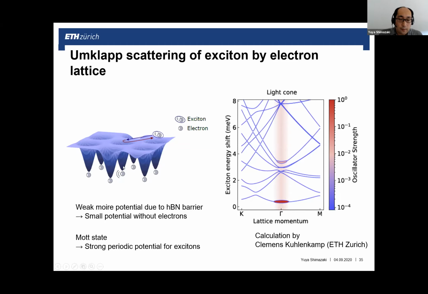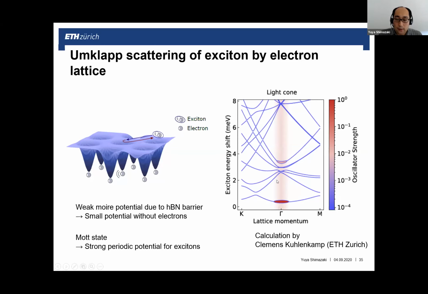If we have these electronic crystals, the excitonic band structure would look like this. This was calculated by Clemens in our group. This is the main exciton resonance, and due to the band folding from the Umklapp scattering, we will have another excitonic resonance here, which we call the Umklapp exciton, separated by about 3 milli-electron volts.